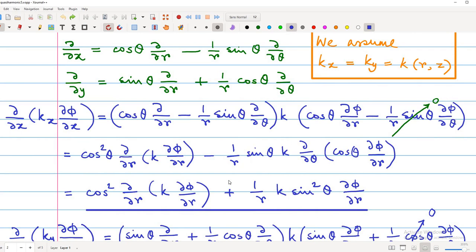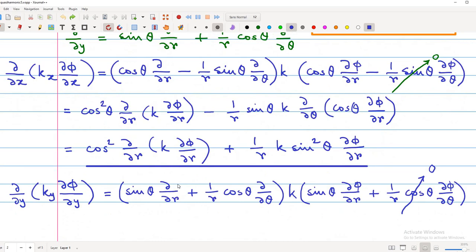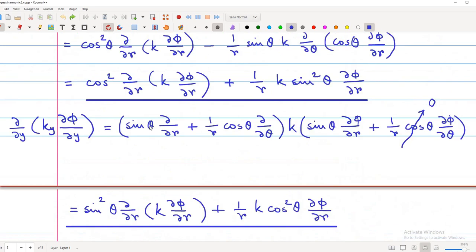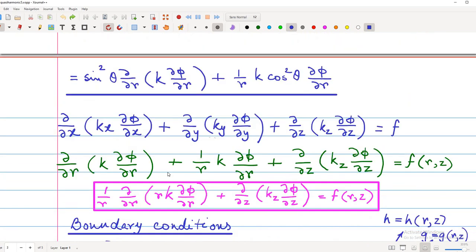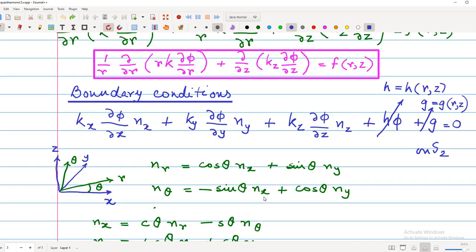So this term goes. If you add these, you get this. Now these first two terms can be combined to form a term like this, and this is the quasi-harmonic equation in axisymmetric condition.